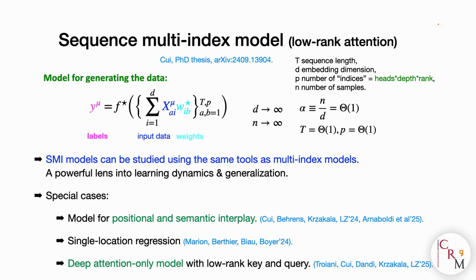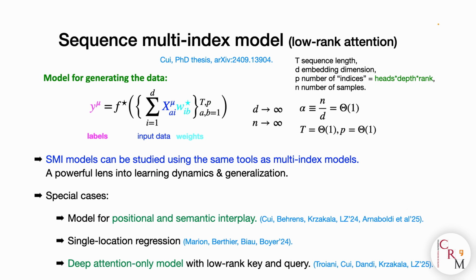All right, so the sequence multi-index model really is just the multi-index model where we add an additional index that indexes where we are in the sequence. So this is very similar to what Johan wrote yesterday. This is the data.